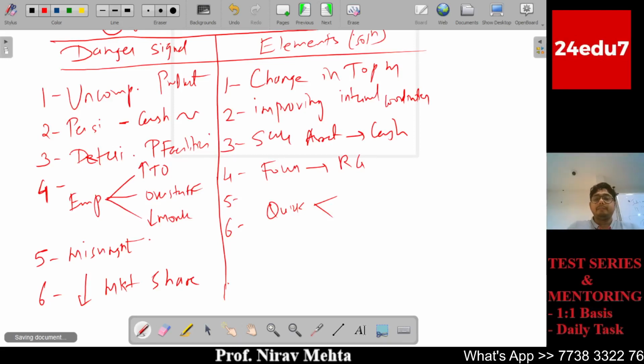And quick payoff activities. Payoff activities means if you have done work for someone, they should give you money quickly. If someone has done work for you, pay them quickly. No unnecessary debtors and creditors. If you have cash in hand, then you can do n number of things. Are you getting my point? Next, quick cost reduction. Try to reduce cost. We are doing only 6 points of the elements.